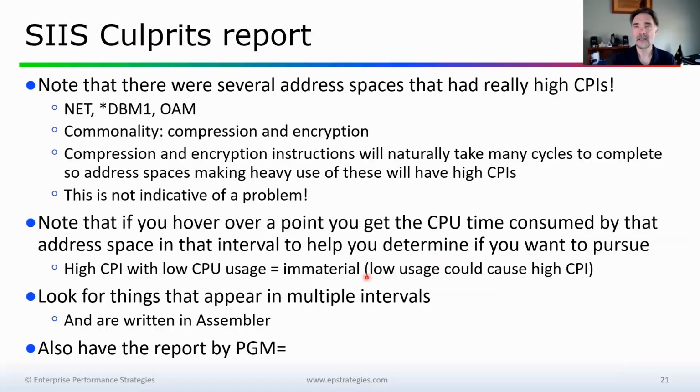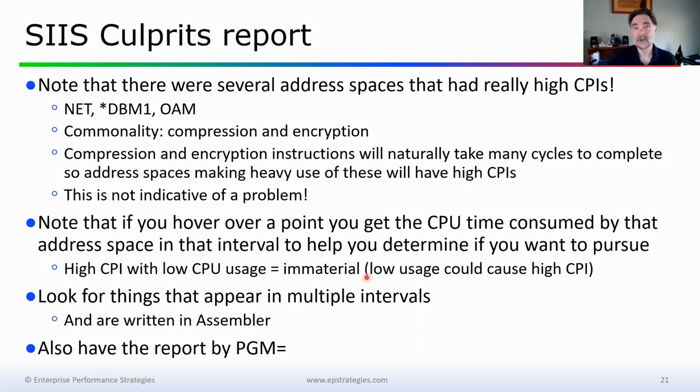Now, the very first thing we noticed was that there were several address spaces that had really high CPIs, and these were common even when we didn't see the SIS indicator percent being high. These are things like NET, the DBM1 address space for DB2, OAM, and the commonality across these things was that they tended to use compression and encryption.